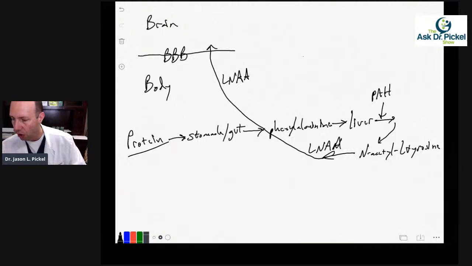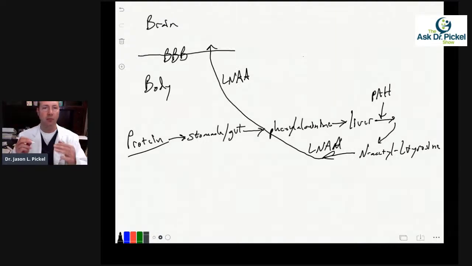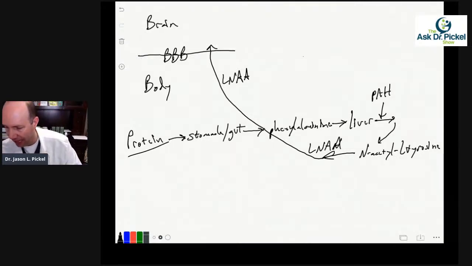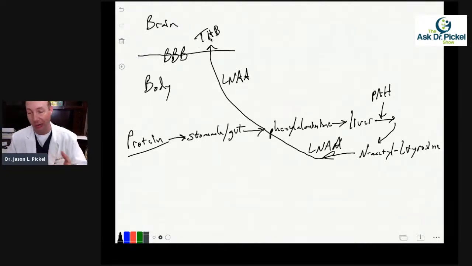Okay, so we go past the blood-brain barrier, and now we can actually turn this type of tyrosine into THB, tetrahydrobiopterin. I know it sounds like we're in some science course here. I'm not trying to make it that way. There's a reason behind all this.